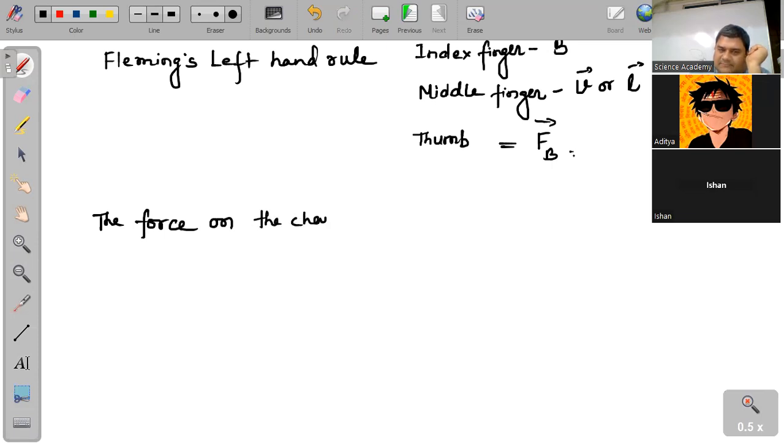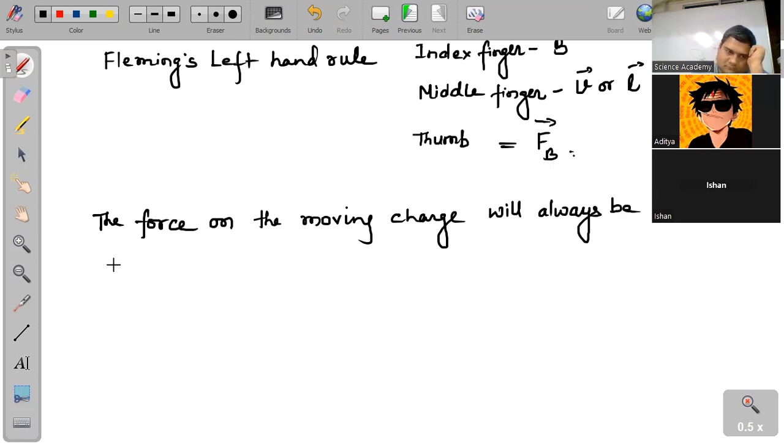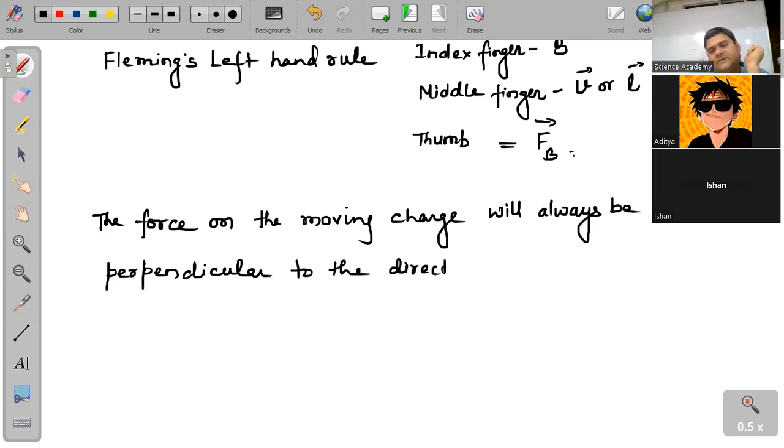The force on the moving charge will always be perpendicular to the direction of velocity of the charge.